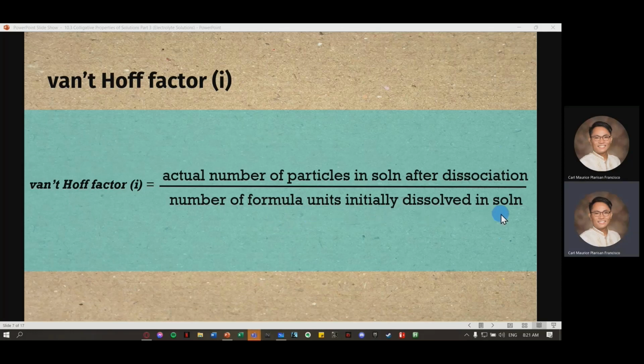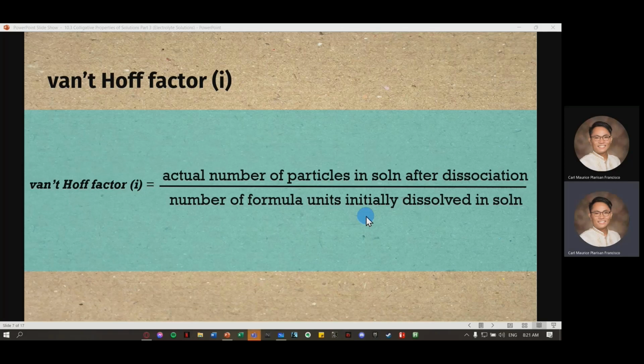Ano daw? Ganito lang po yan. Itong numerator, it pertains to the number of ions or particles that was formed, whereas the denominator pertains to the number of ionic compounds or formula units initially dissolved.